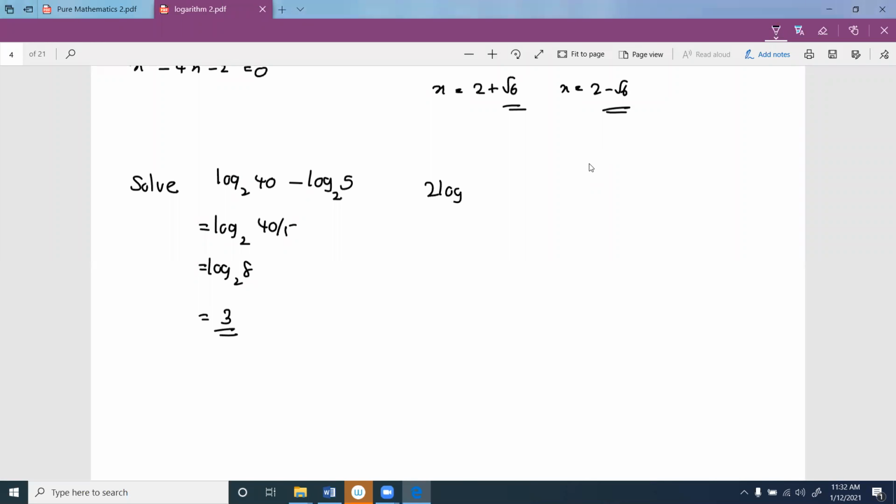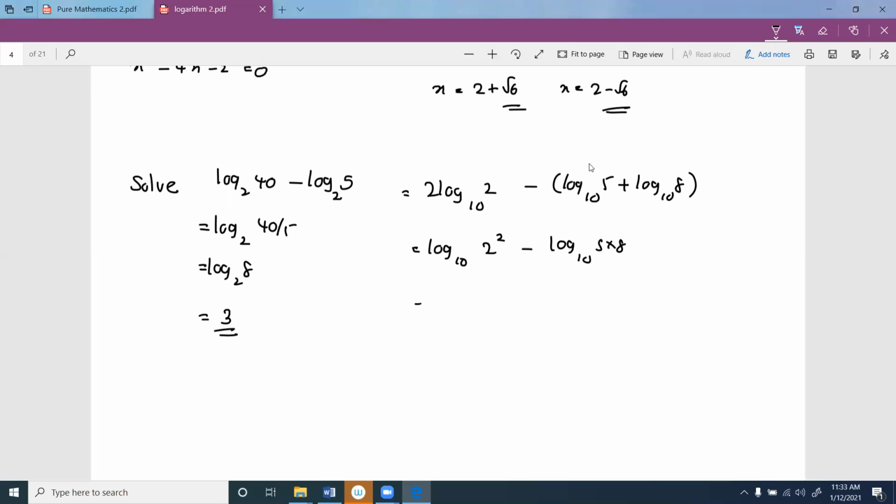Another one: 2 log 10 of 2 minus log 10 of 5 plus log 10 of 8. So this turns into log 10 of 2 to the power 2, minus log 10 of, you can multiply these two, 5 into 8.